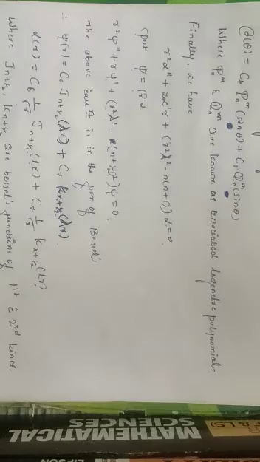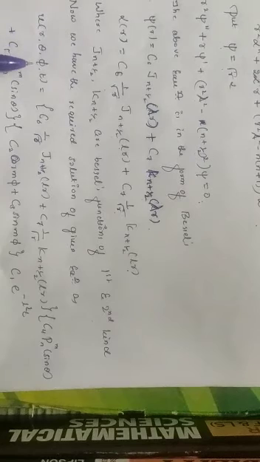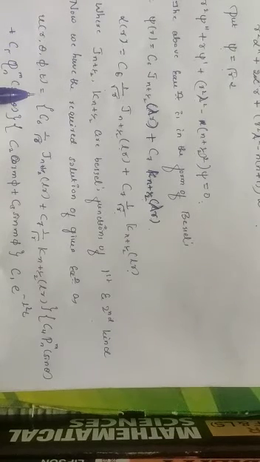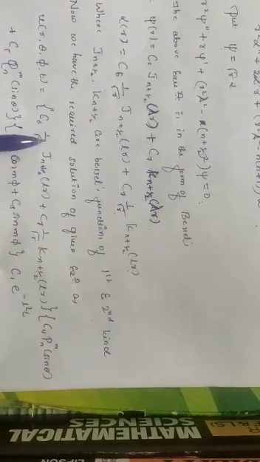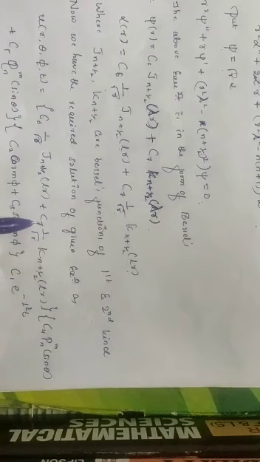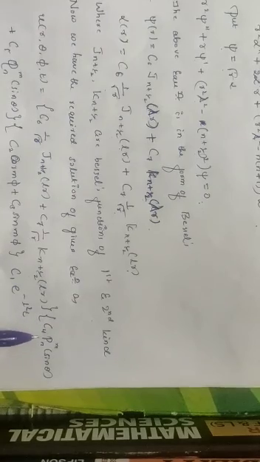Hence we write the required solution as u of r, theta, phi, t, which is equal to c6 into 1 over square root of r into Jn plus 1 by 2 into l into r plus c7 into 1 over square root of r into Kn plus 1 by 2 into l into r into beta of theta value.